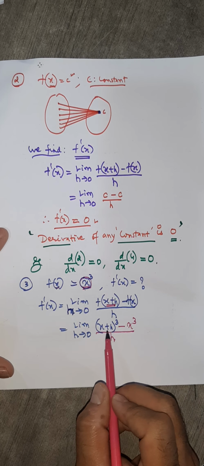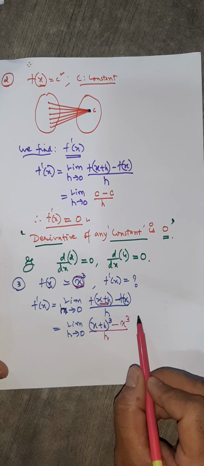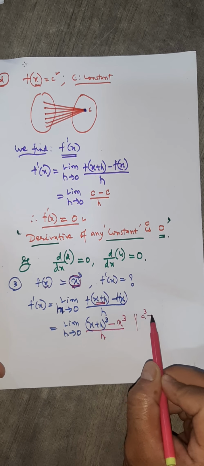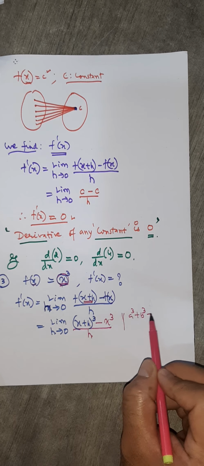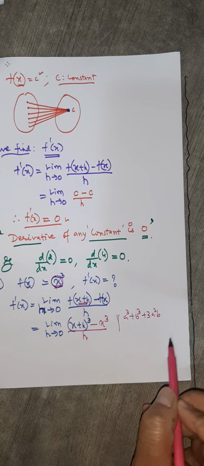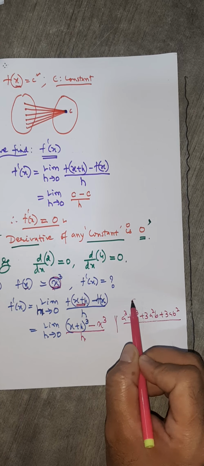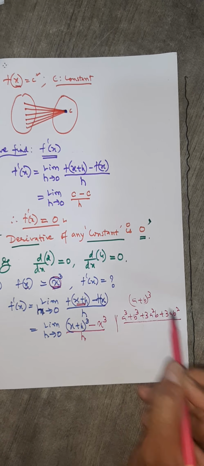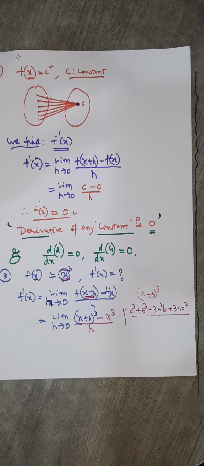How do we simplify? You expand a plus b the whole cube. Expansion. Do you remember? It is a cube plus b cube plus 3a square b plus 3ab square. This is the expansion of a plus b the whole cube.